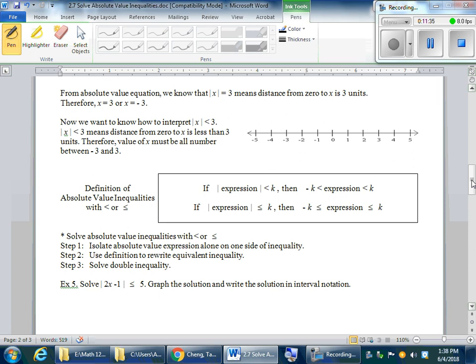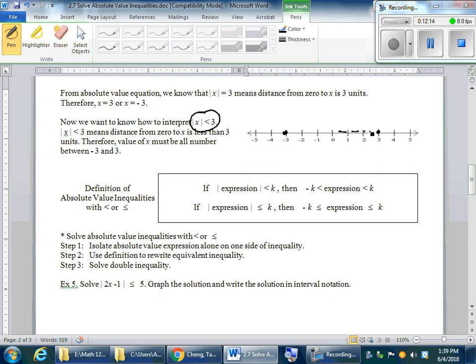We know that if absolute value of x is equal to 3, that means we have two answers right here, 3 and negative 3. Now we are interested in when the absolute value of x is less than 3, that means the distance must be smaller than 3. So the x value cannot be greater than 3. It must be somewhere in between right here. Or on the left hand side, the x value cannot be smaller than negative 3.